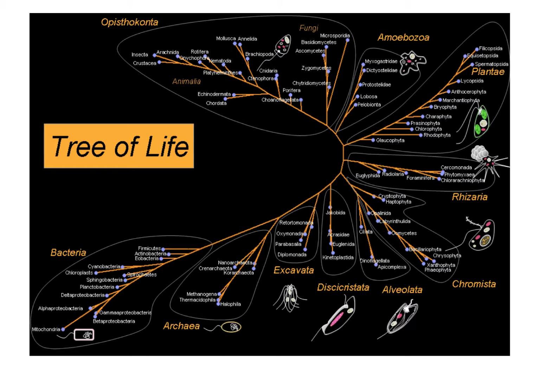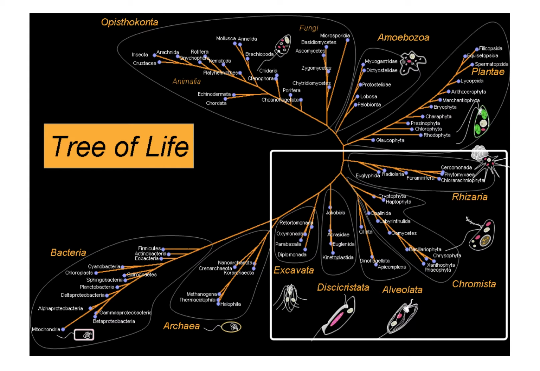But for the most part, this group down here, stopping at the plants here, is primarily single-celled, unicellular organisms, with some multicellular organisms, especially when you get up into the Stramenopiles, which would be up here where the Rhizaria are on this diagram.